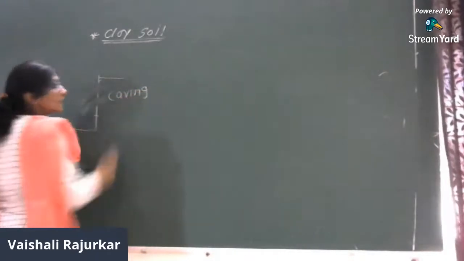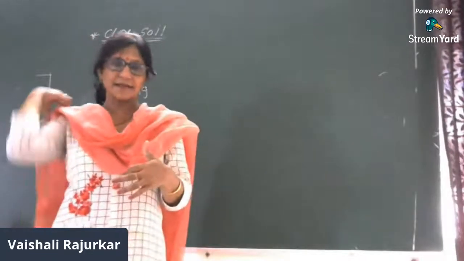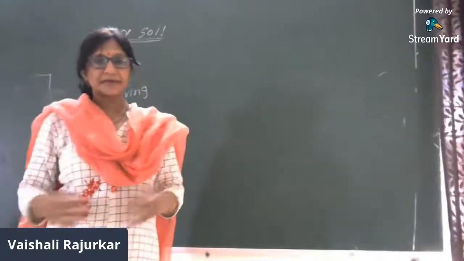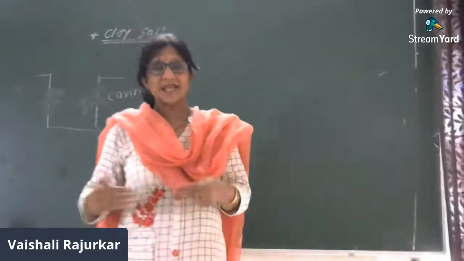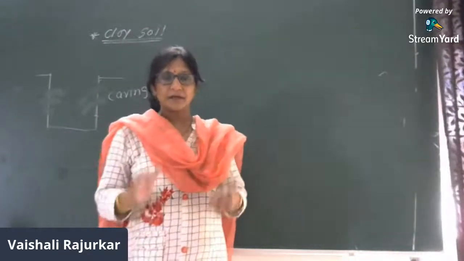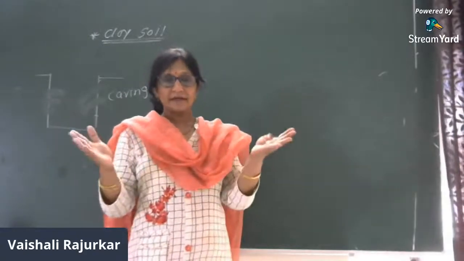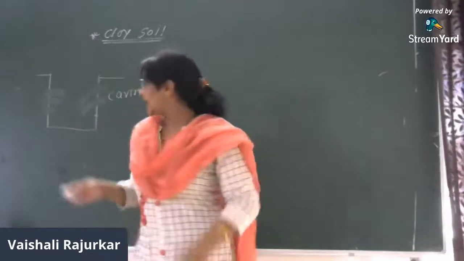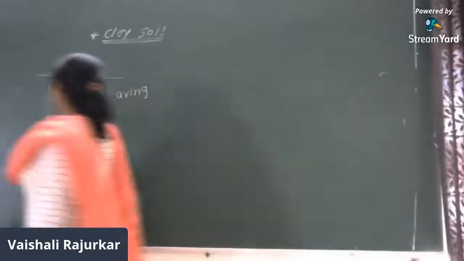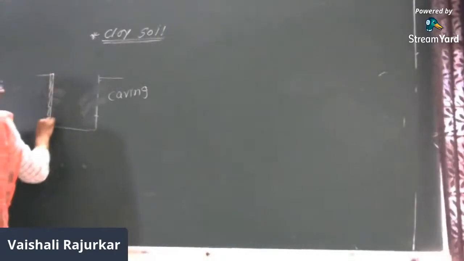Caving is the falling of the sides of the excavation. If this is the unsupported part, after a certain depth, it may be 2 meter or 3 meter, once the excavation increases beyond that, the sides may fall, and therefore we have to provide support in the form of sheeting and bracing.